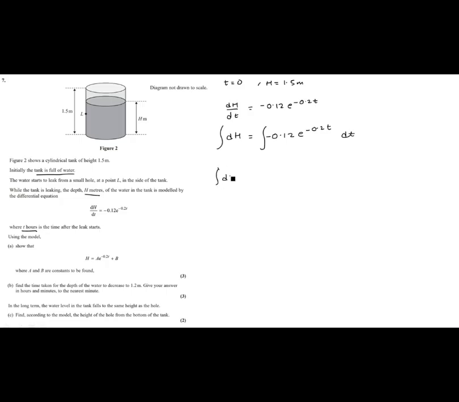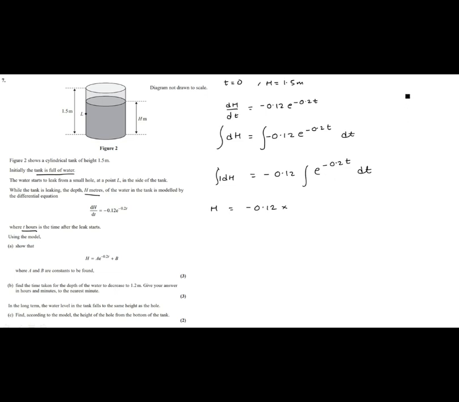Integral dh, we take the constant out of the integration, to integral e to the power minus 0.2 t dt. Now the integration of 1 dh will be h equals minus 0.12 times.